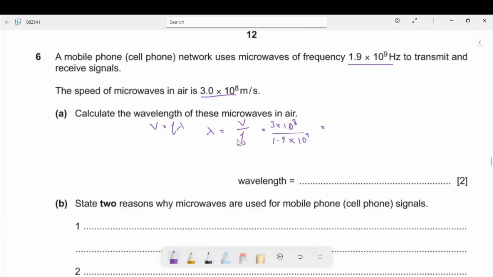So 3 by 1.9 is 1.57, into 10 raised to 8 minus 9. That can be written as 1.57 into 10 raised to minus 1. So it is 0.157 meter. Rounding off, we can write it as 0.16 meter.